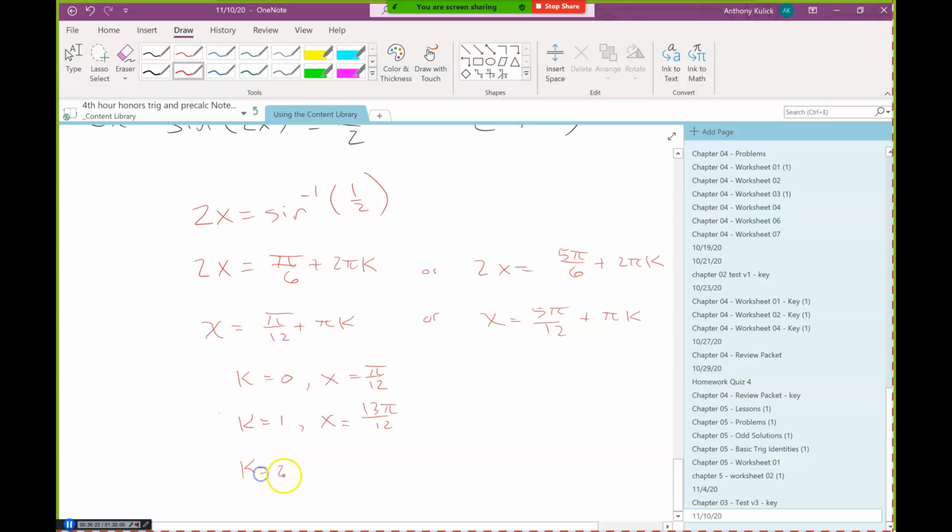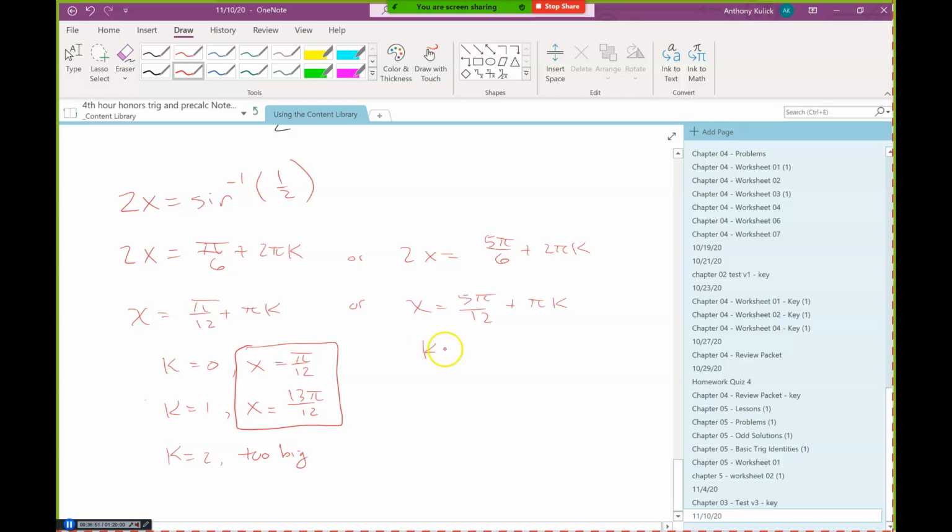If I picked k equals 2, that's pi over 12 plus 2 pi. That's going to be too big, right? That's bigger than 2 pi already. So I'm going to get two answers from over here. The 13 pi over 12 was not totally obvious. Is everybody okay there?